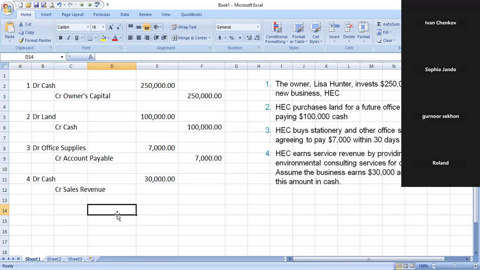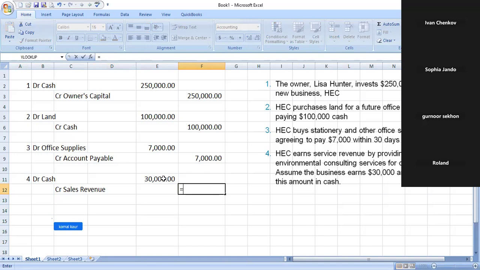So make sure the revenue is more than expenses. That's why revenue is always going to be credit, because it's going to increase owner's capital. Expenses are always going to be debit because they're going to decrease the owner's capital. So this company, let's say, is generating revenue, providing services, and gets $30,000.